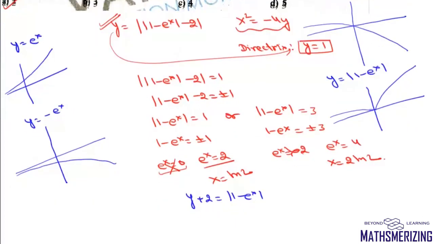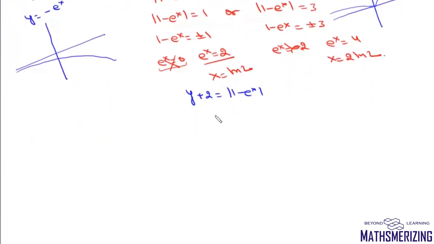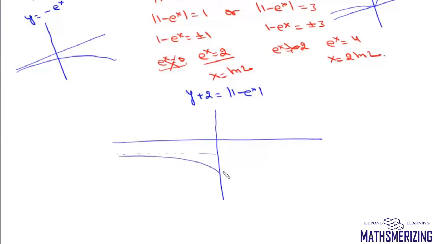So we'll shift this graph 2 units down. So we'll get this graph, and then we'll take the mod of this function, which is y equals mod of 1 minus e to the power x, minus 2, and then the mod of this function. So we'll take the reflection of this graph. We can draw this graph as this.